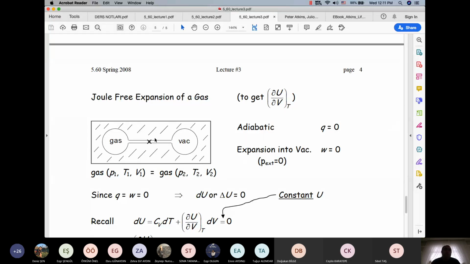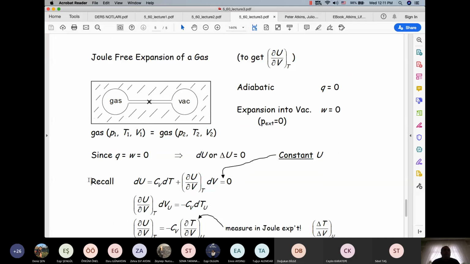When I remove this holding, the gas will expand and the volume will increase, but how does the energy behave? Since Q is 0 and W is 0, dU must be 0.